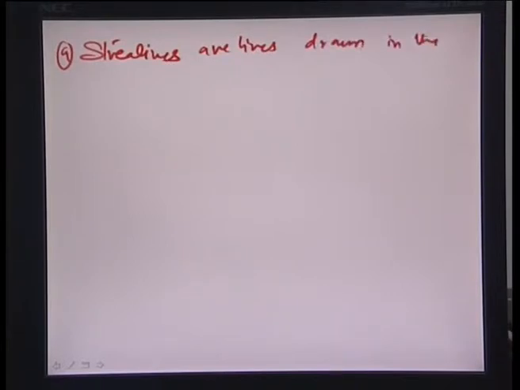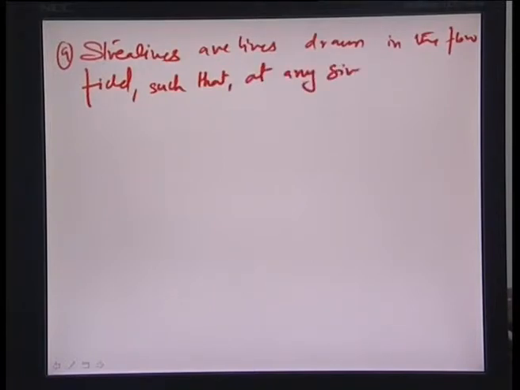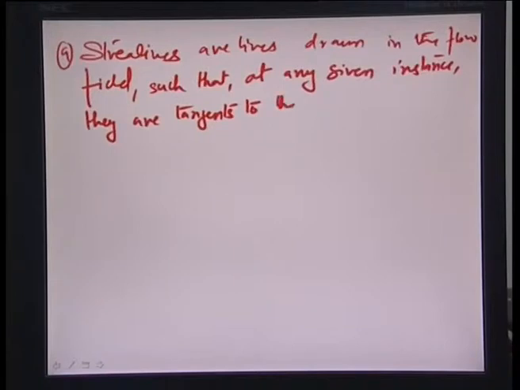Streamlines are lines drawn in the flow field such that at a given instant they are tangent to the direction of flow at every point of the flow field.